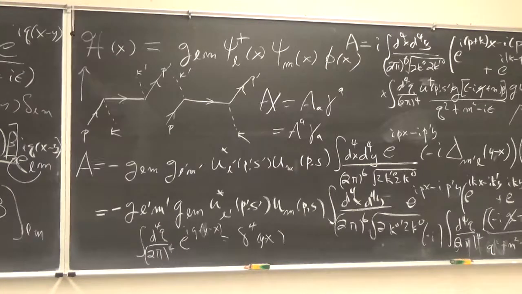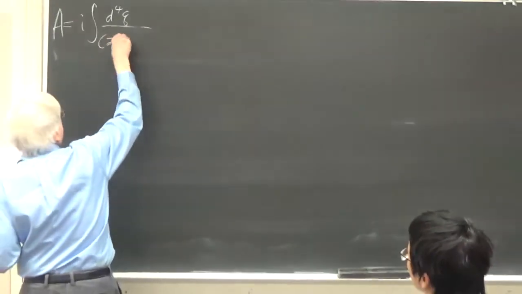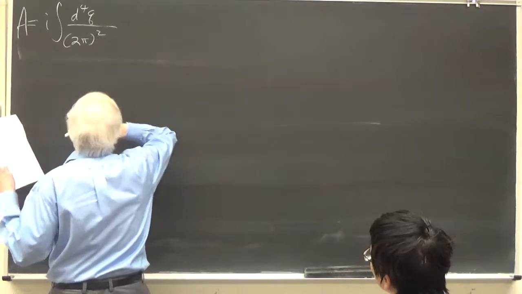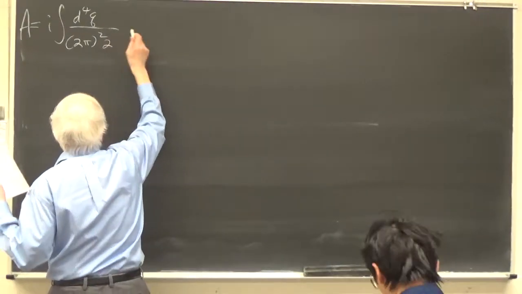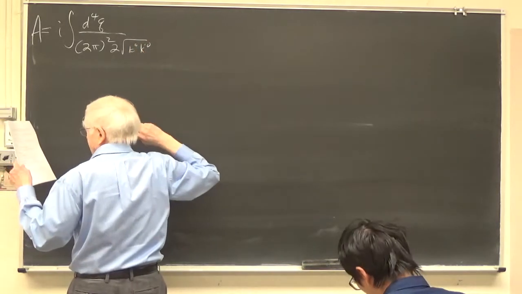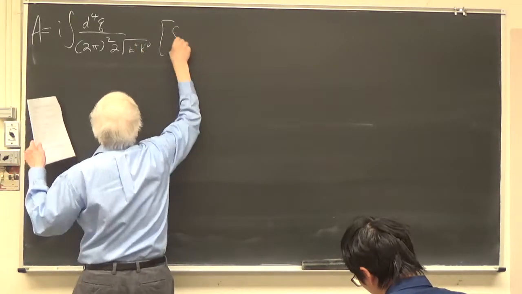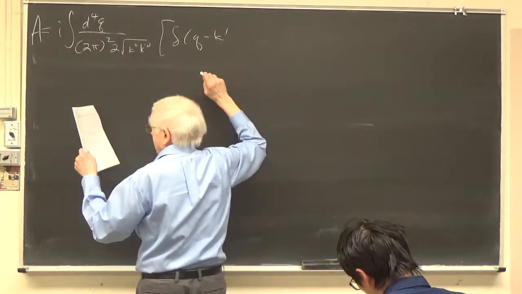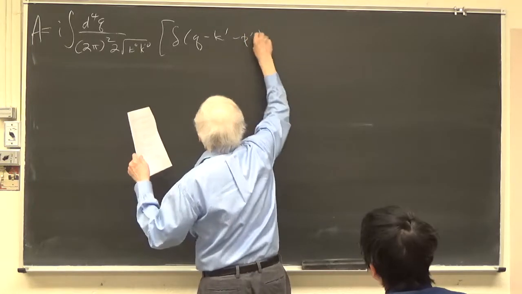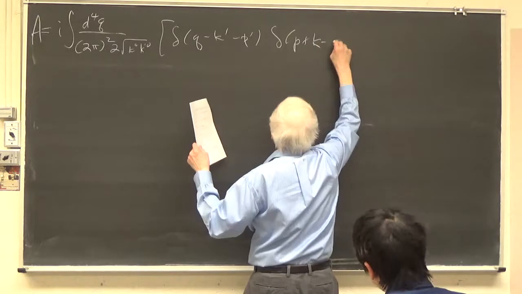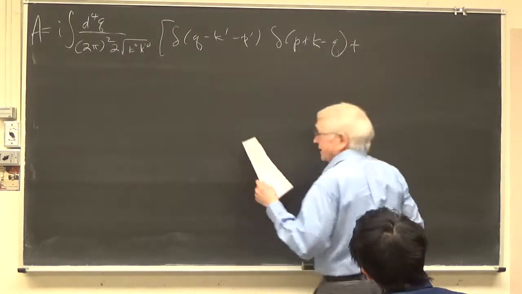And so the delta functions use up 2 factors of 2 pi to the 4th, and we're only left with 2 pi squared. We can pull out another 2, and we just have the square root of k0 times k prime 0. The delta functions are delta of q minus k prime minus p prime, delta p plus k minus q. And there are 2 terms.